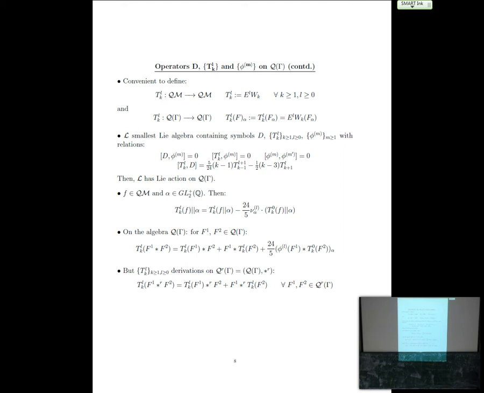And then the next step is to put the two things together because they act on the same algebra.